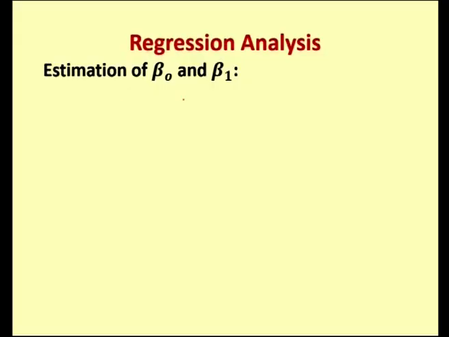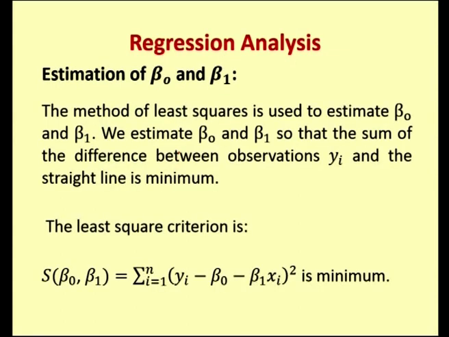Least squares estimators of beta naught and beta 1 are denoted by beta naught cap and beta 1 cap, and they must satisfy the equations dou S by dou beta naught, and so on. Here we defined S as summation of yi minus beta naught minus beta 1 xi the whole squared. So, we have to differentiate partially with respect to beta naught and beta 1 to obtain the estimators.